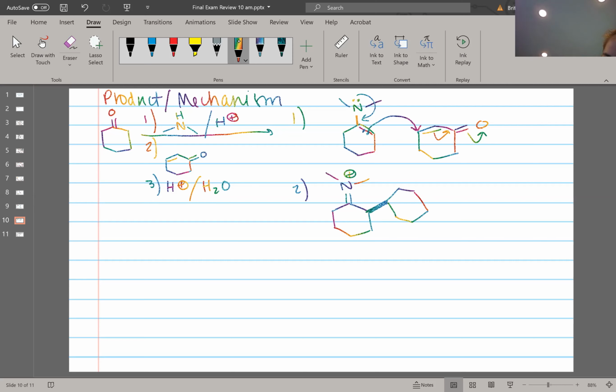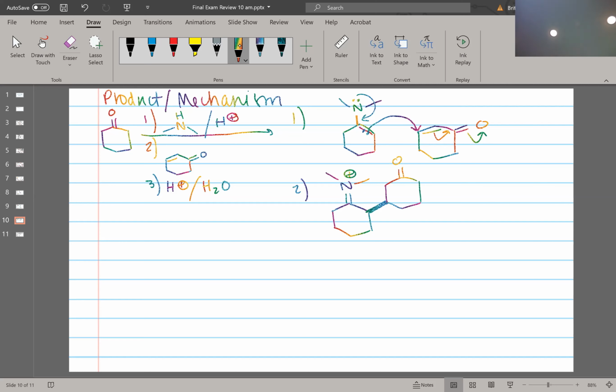And then here is our carbonyl, right? I'm going to redraw that. I hate it so much. So this would be the product after step 2.